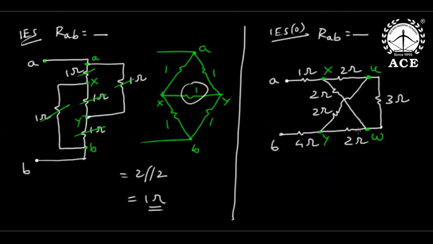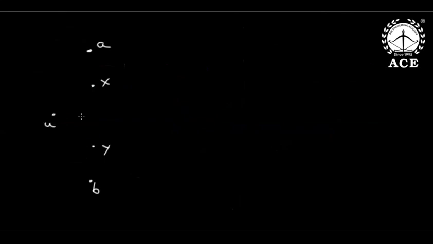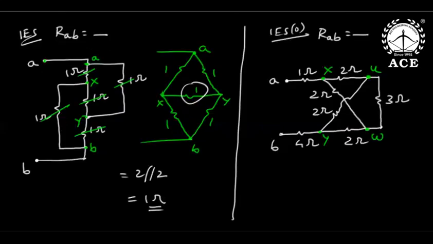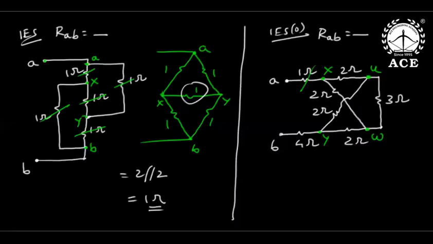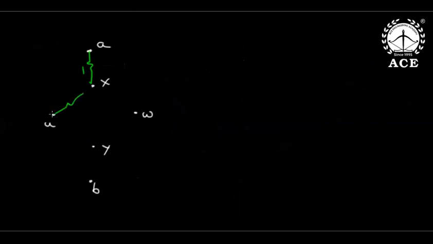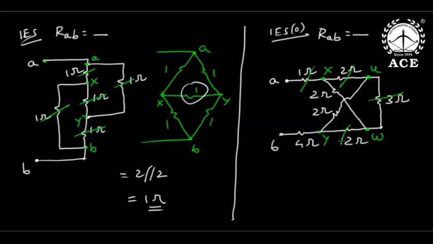Then U and W, I will shift the lines. Now A to X 1 ohm. Then X to U 2 ohms. Then U to W 3 ohms. Then W to Y 2 ohms.